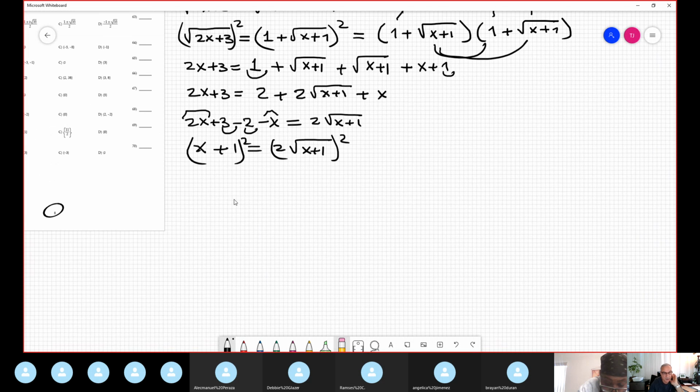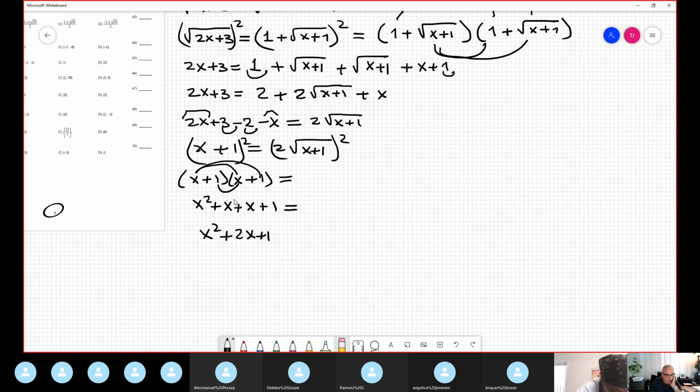Your FOIL here is x plus 1 times x plus 1, which is x squared plus x plus x plus 1, so x squared plus 2x plus 1. And the right hand side is different because it's like a monomial, no? It's 2 squared, 4, parentheses x plus 1.